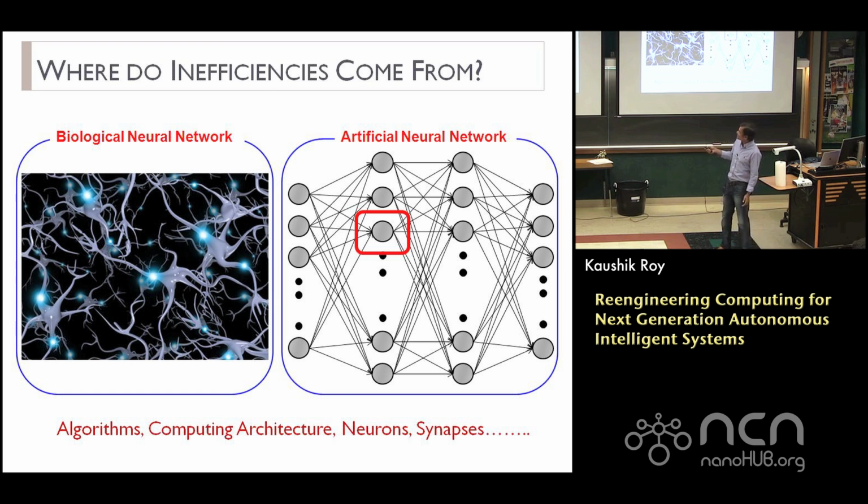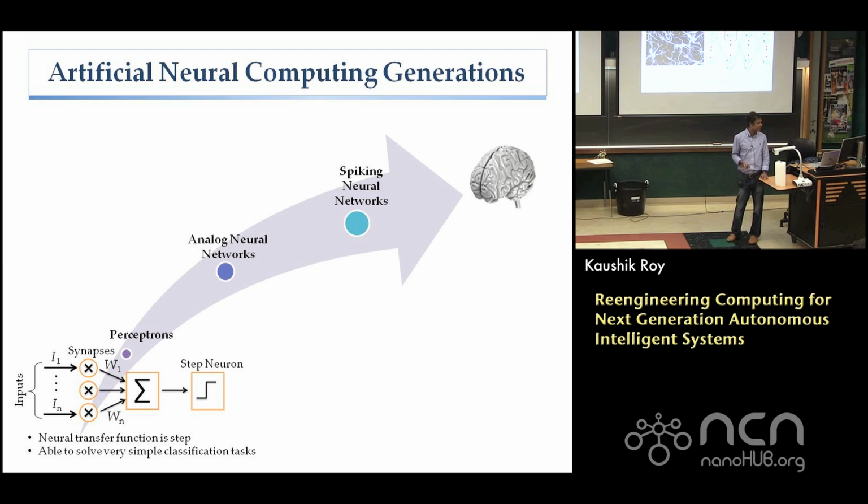Okay? And each of those nodes is going to do some sort of operation based on inputs which are coming from these other nodes. So we're going to call these neurons, and these connections here to be synapses in some ways. And if I were to look at the computation which is being done by this node, which is an approximation of what the biological neural network does, then it's going to look somewhat like this.